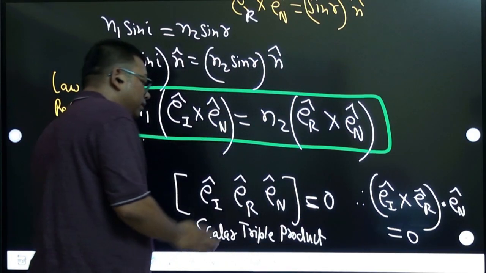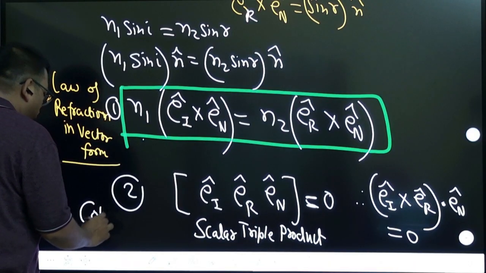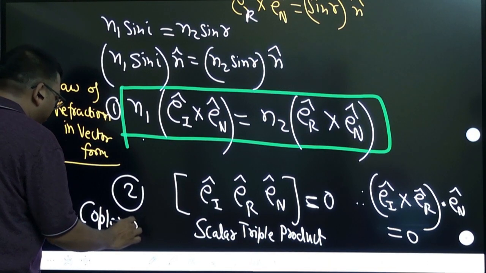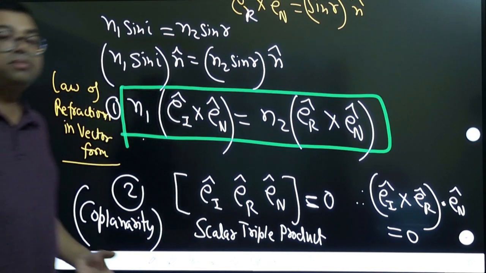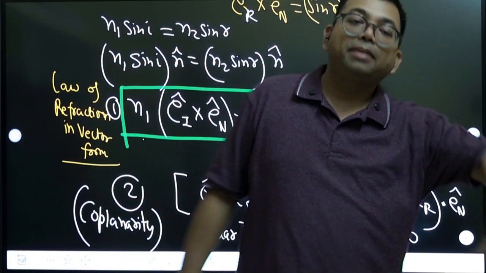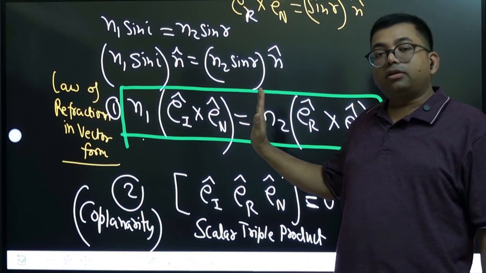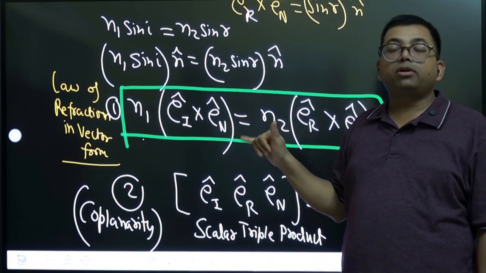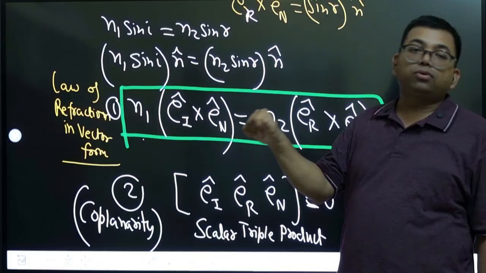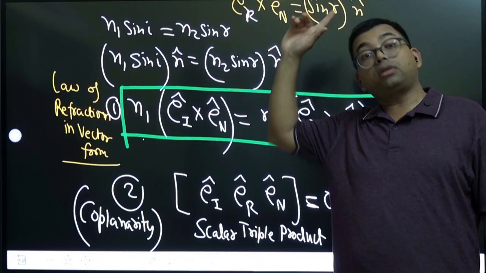And this condition represents coplanarity. Coplanarity means all the three vectors are in the same plane. Because if three vectors are in the same plane, the cross product of two is perpendicular to the entire plane, including the third one.